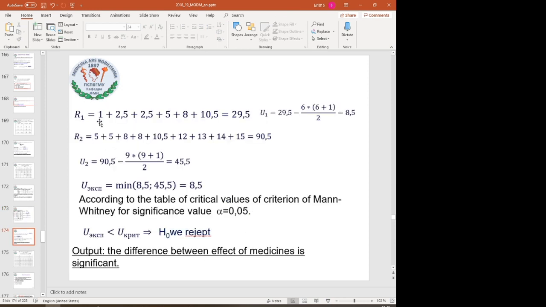So, U1 will be 8.5, U2 will be 45.5, so the minimum is 8.5.